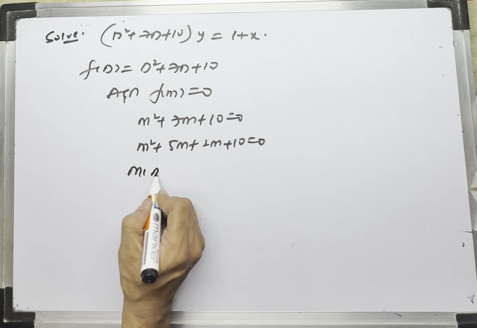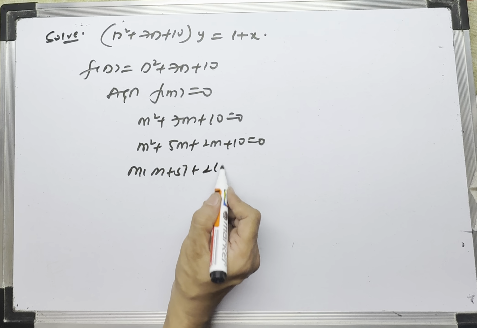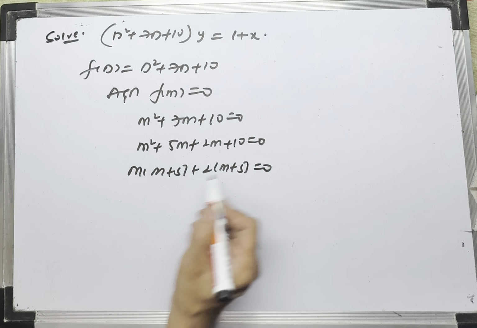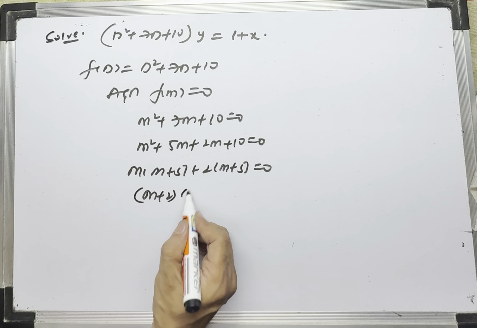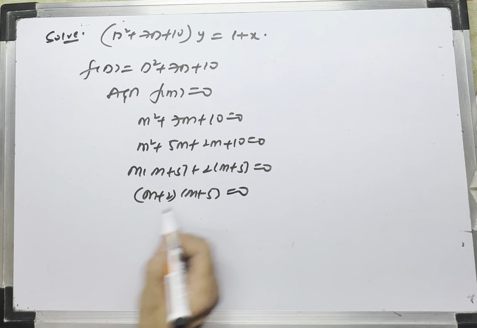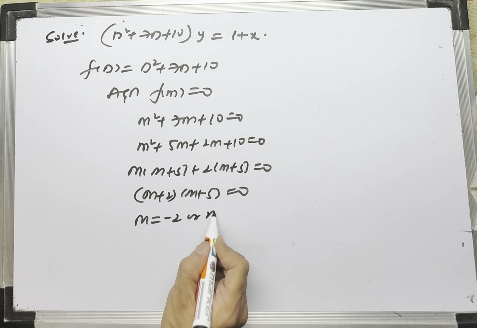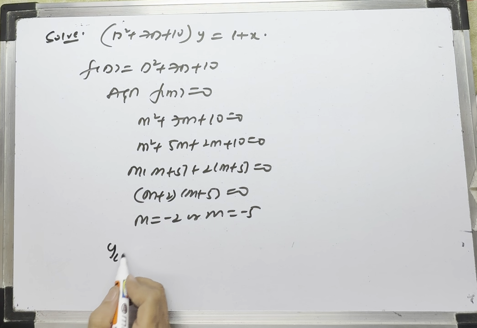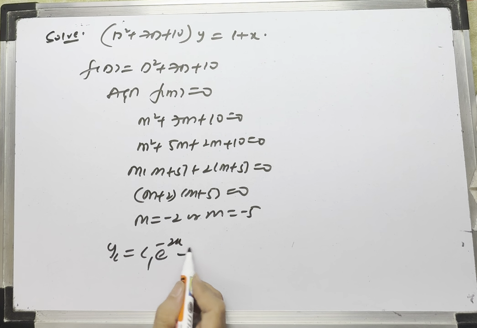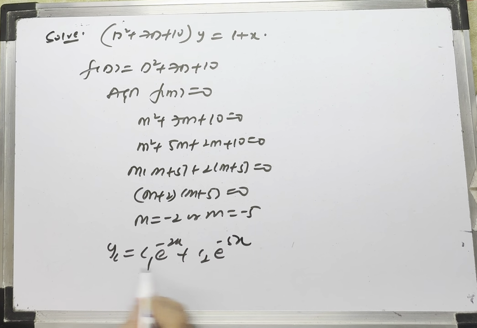M common, m plus 5; 2 common, m plus 5, equals 0. (m plus 2) into (m plus 5) equals 0. M equals minus 2 or m equals minus 5. So yc equals c1 e power m1x plus c2 e power m2x.